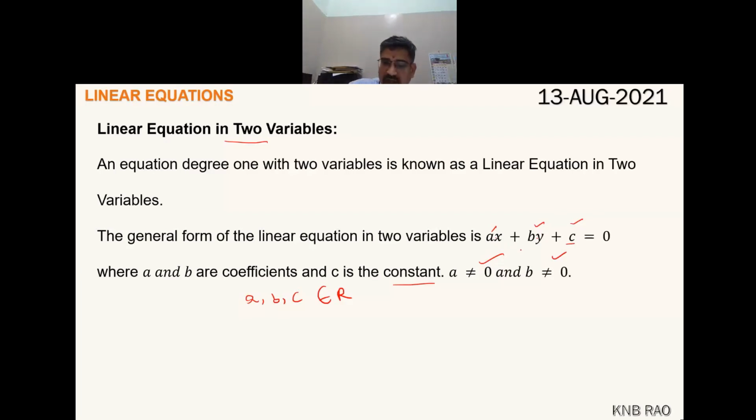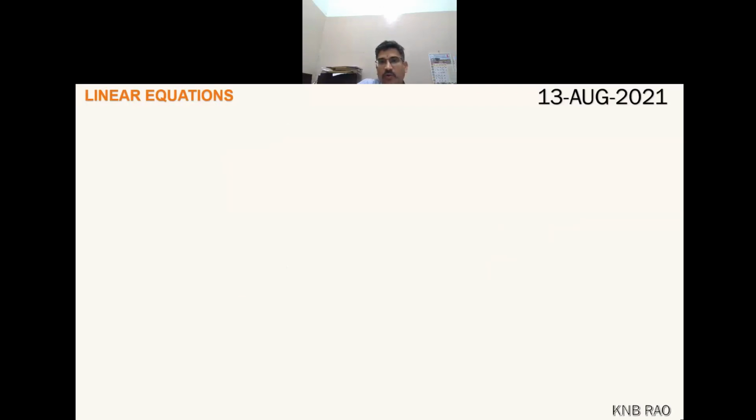So a linear equation in two variables will have at most 3 terms, but a minimum of 2 terms, that is the term of variable 1 and the term of variable 2. Example: 6x plus 2y plus 5 equals 0. This is a linear equation in two variables. Now, solution of a linear equation in two variables. How to solve?